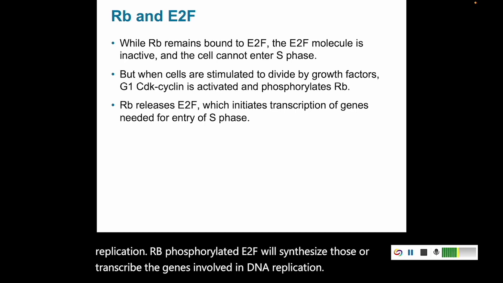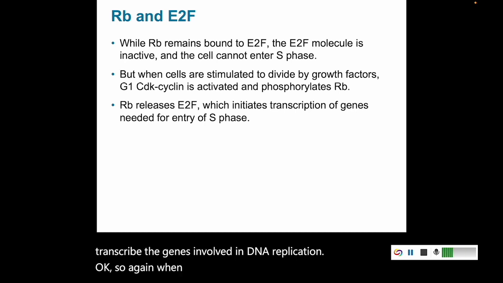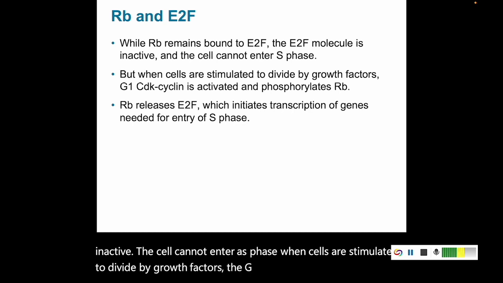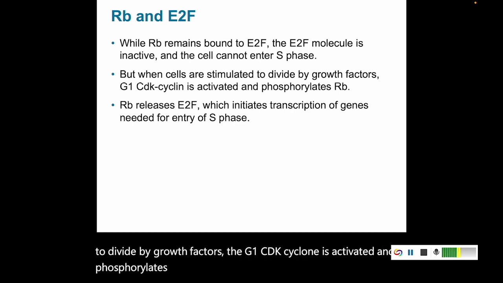Okay, so again, when RB is bound to E2F, the E2F molecule is inactive and the cell cannot enter S phase. When cells are stimulated to divide by growth factors, the G1 Cdk-cyclin is activated and phosphorylates RB. Phosphorylated RB releases E2F, which allows transcription of genes needed for entry into S phase.